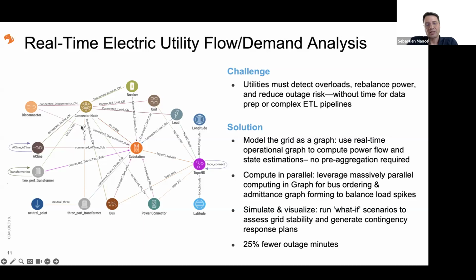In this example, utilities were able to reduce outages by 25%, directly improving service reliability while reducing operational risk. So once again, a real-time graph-powered digital twin enabled a level of visibility, agility, and resiliency that traditional grid monitoring systems simply cannot deliver.